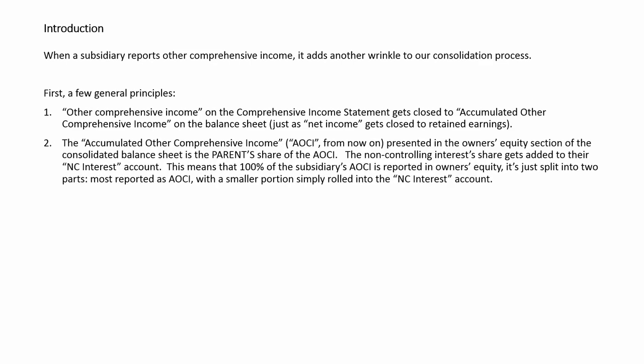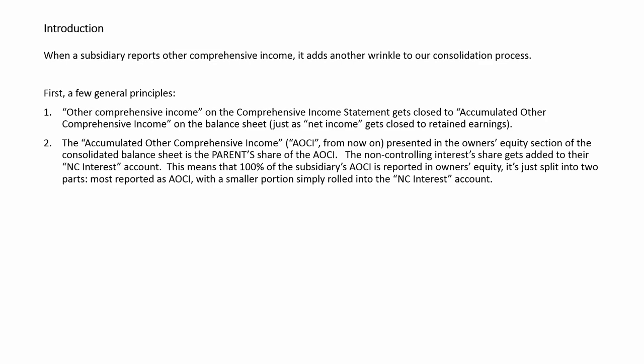The accumulated other comprehensive income, which I'll simply call AOCI from now on, presented in the owner's equity section of the balance sheet, is the parent's accumulated other comprehensive income. So if we have an 80% owned subsidiary and the subsidiary has $100 of AOCI, then the parent would report $80 of AOCI.